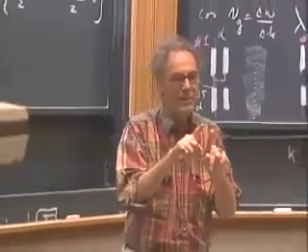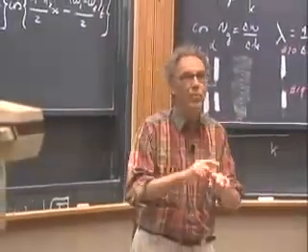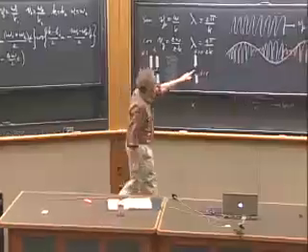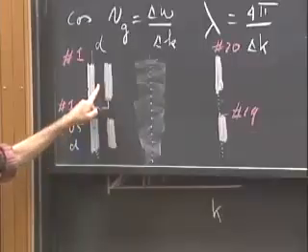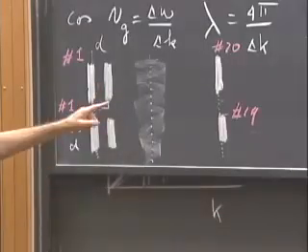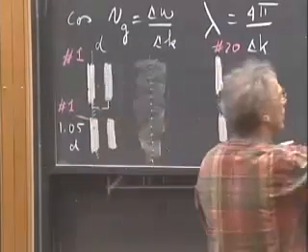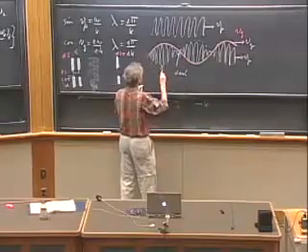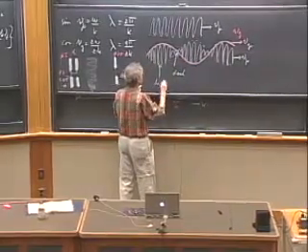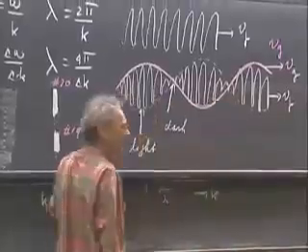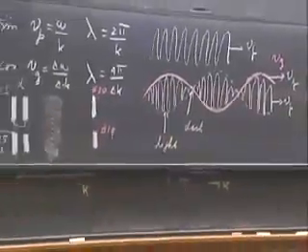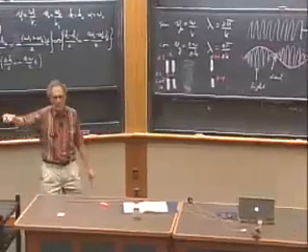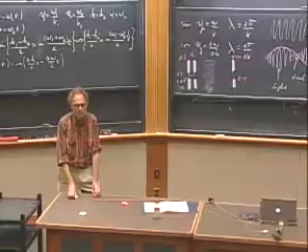Black will be on top of light, and light will be on top of black, and black will be on top of light. Here, however, it's back to what it was here. So you're beginning to see this kind of pattern. Think of this, for now, as being dark, and think of this now as being light. This kind of pattern is what you're going to see if I put the two transparencies on top of each other, as I will do very shortly.